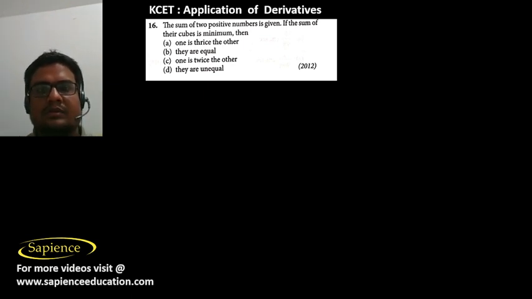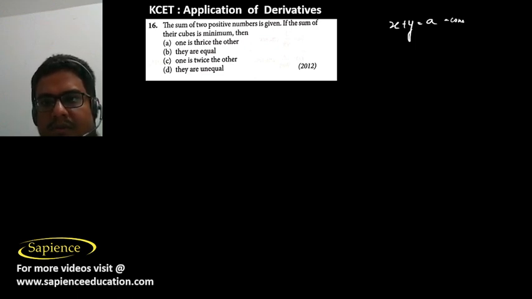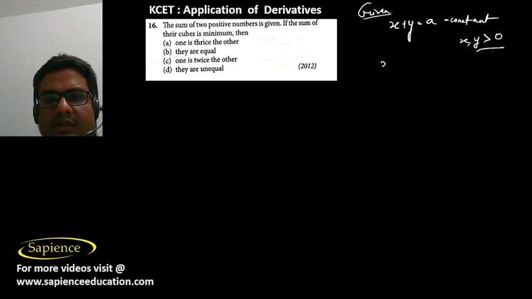If the sum of their cubes is minimum, suppose x plus y is a constant a, given. x and y are two positive numbers, x and y are greater than zero. The sum of their cubes is minimum. It means x cube plus y cube is minimum. Then what should be the case?